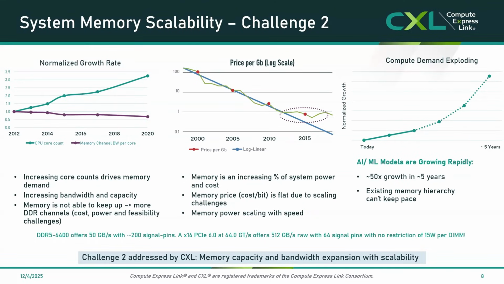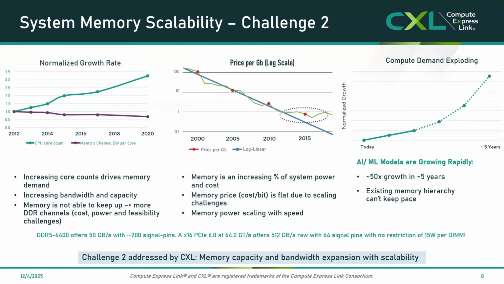And what's happening to the demand? The demand is exploding, as you can see on the picture on the right-hand side, which is what you expect to see in this AI ML era. So basically, we have a memory wall here, right? We can, of course, keep on adding more DDR channels, more memory channels, as we have been doing. But even with that, we are not keeping up.